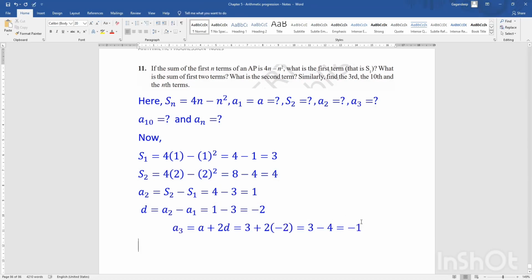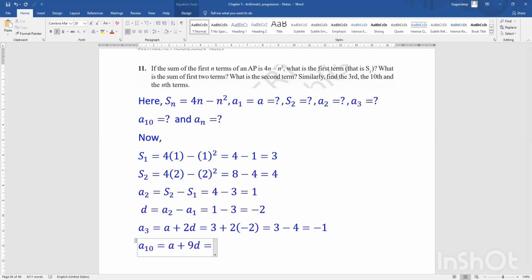Then I'm going to find out a10. For a10, it is nothing but a plus 9d, correct? So a plus 9d, where a value is nothing but a1, which is also equal to a.